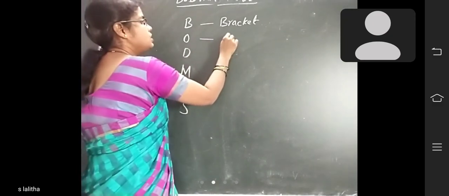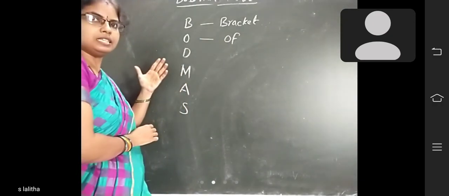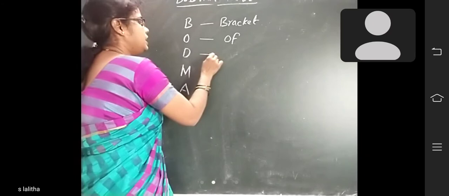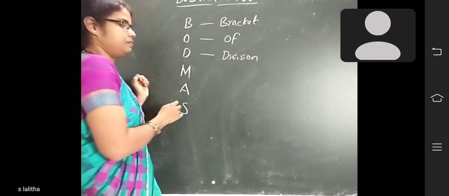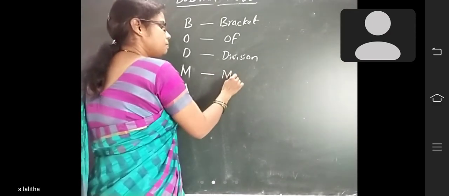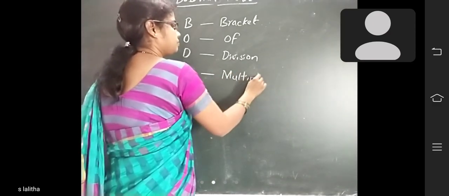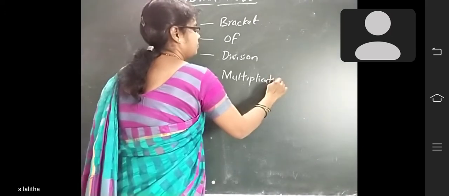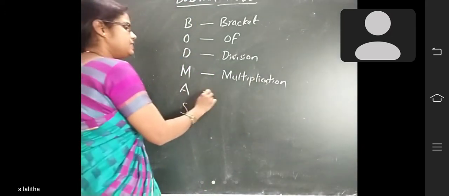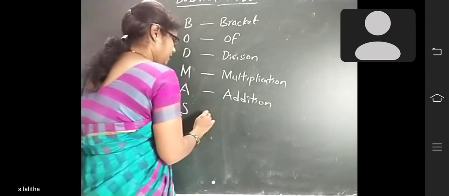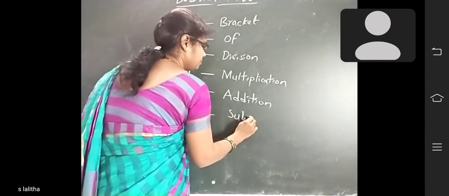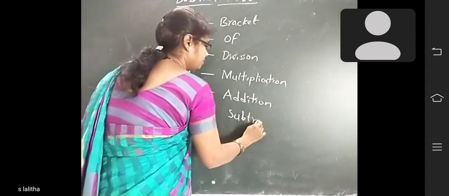O stands for of. Of means multiplication. D stands for division. M stands for multiplication. A stands for addition. S stands for subtraction.